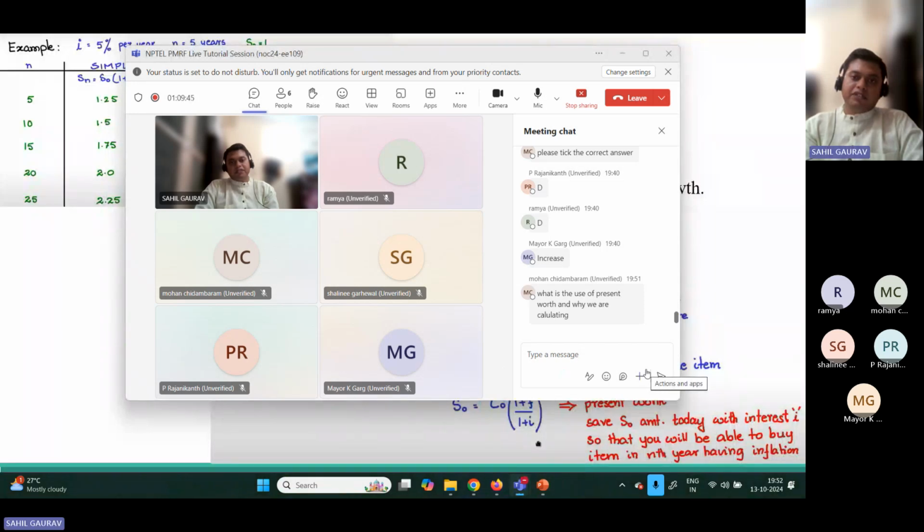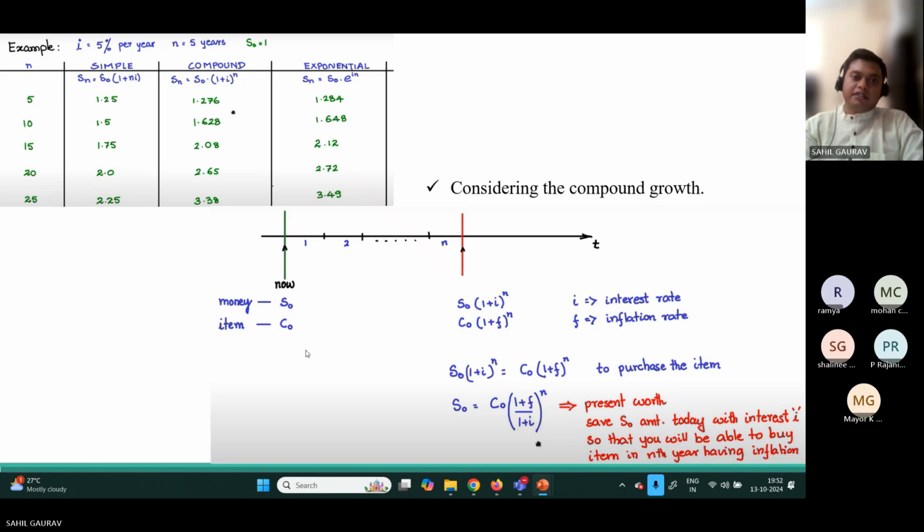What is the use of present worth and why are we calculating it? So with present worth, you can estimate what amount of money you need today.